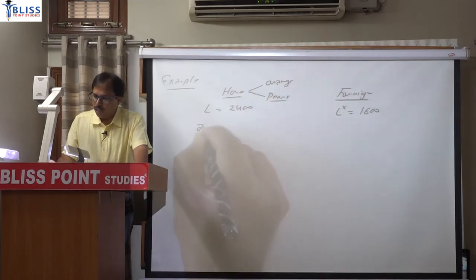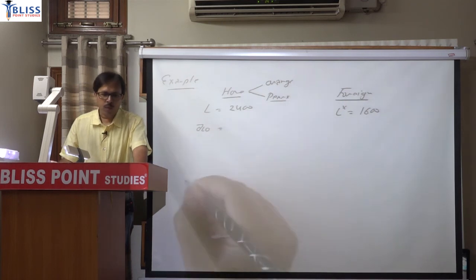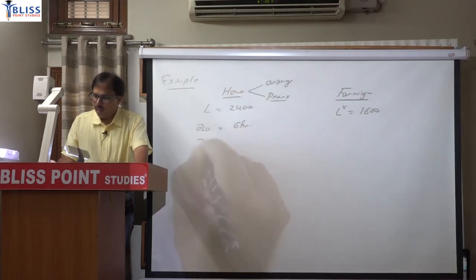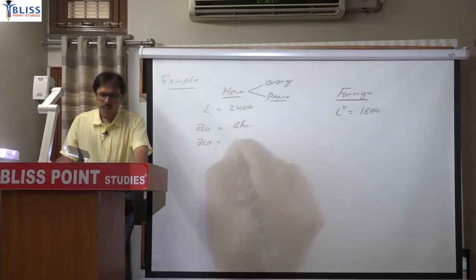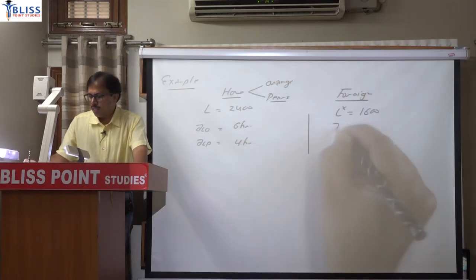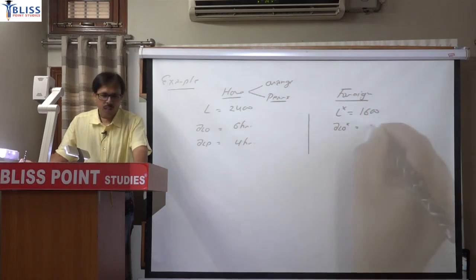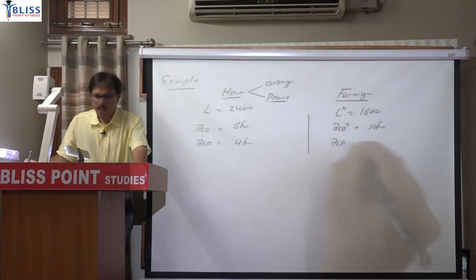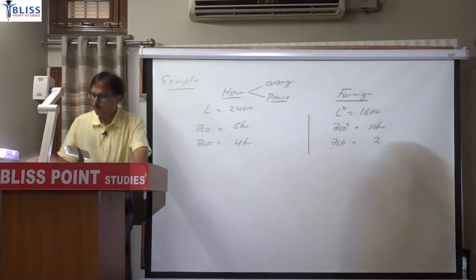So I write ALO, unit labor requirement for orange. Unit labor requirement for orange is 6 hours and ALP is 4 hours. In the foreign country it is ALO star, the foreign unit labor requirement for orange is 10 and for pears it is 2.